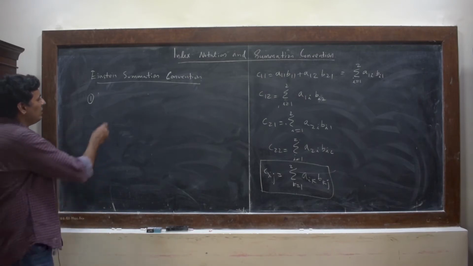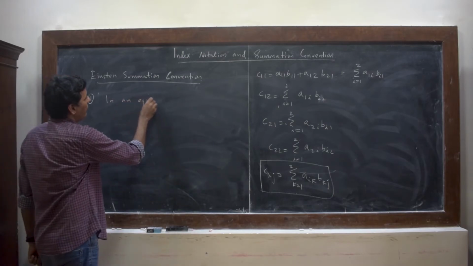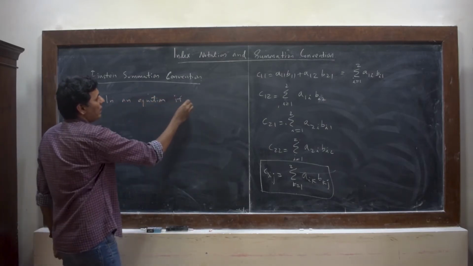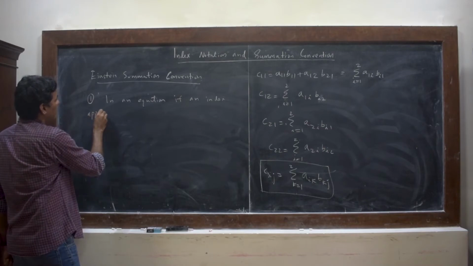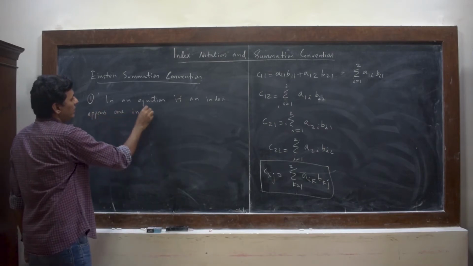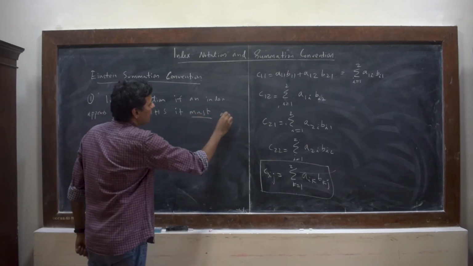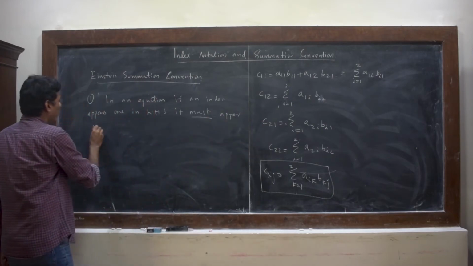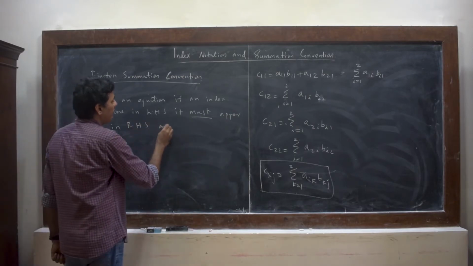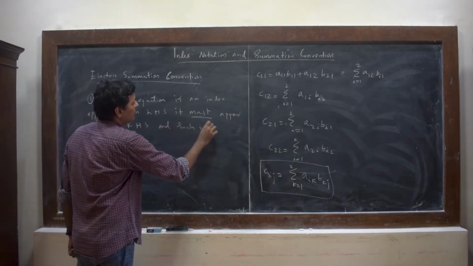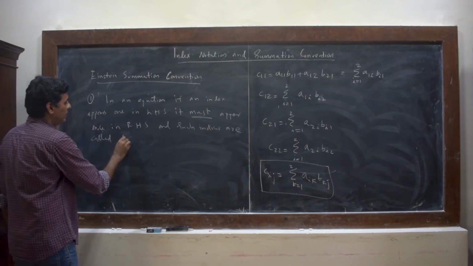In an equation, if an index appears once in the LHS, it must appear once in the RHS, and such indices are called free indices.